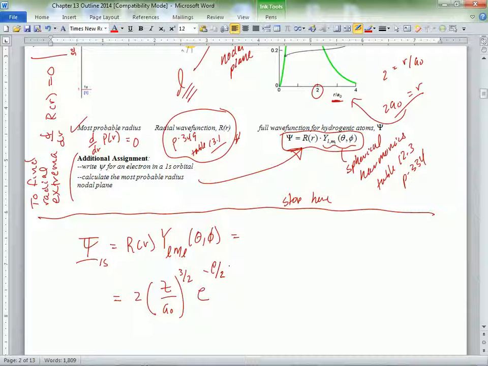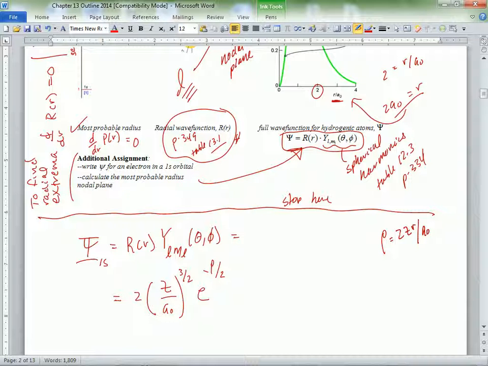That's supposed to be a rho, like the density symbol, kind of a squiggly looking p. And if you read down further in the table, it tells you what rho is. Rho is 2Zr over a naught.